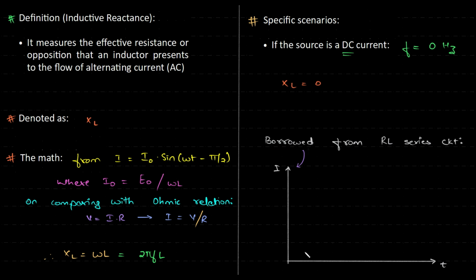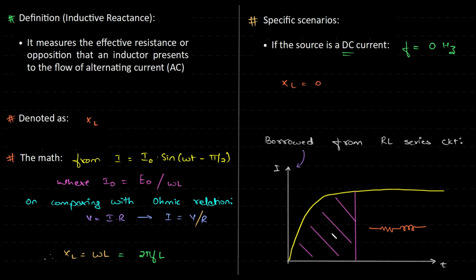Actually, when you look at an RL series circuit, it's nothing but a resistor and an inductor connected to an AC source and DC source. The graph looks in this manner. Till somewhere about this point, there is some kind of resistance because of your inductor, very minute, for a fraction of a second. After that, your flow of current flattens out.